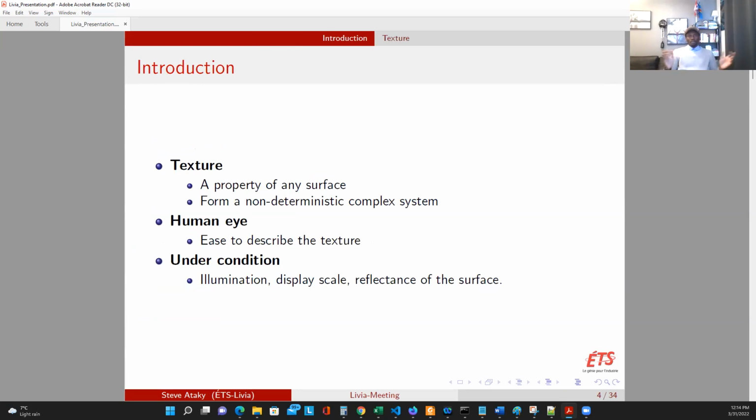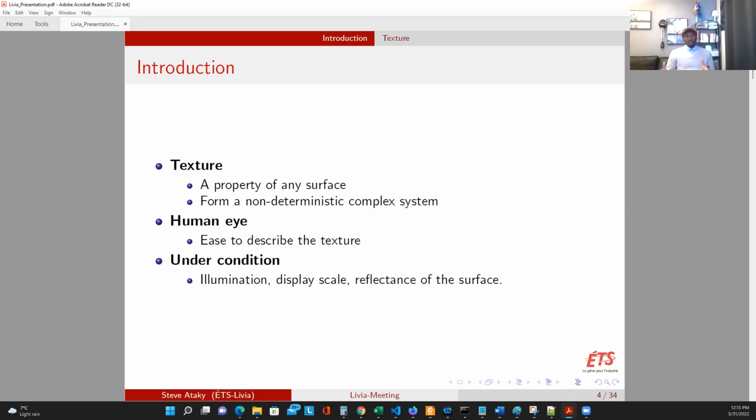Okay, so first of all, in this work we are talking about texture. If we try to define a texture, it is evident that there is no consensus with regard to the definition of texture. But a texture can be seen as a property of any surface. And it is variable information that can be associated with the interpretation of patterns related to various areas of object recognition.